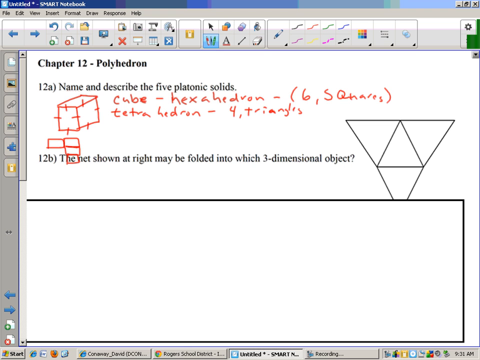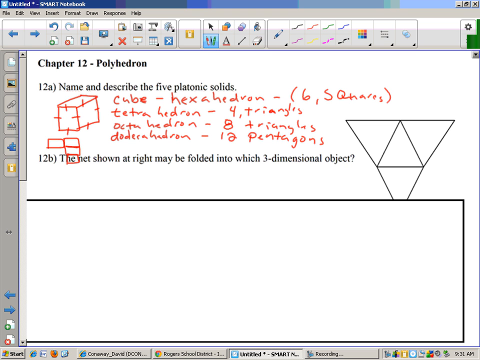What else? We did the one that was an octahedron. That is 8 triangles. We did the dodecahedron, which is 12 pentagons. Kind of looks like a soccer ball.